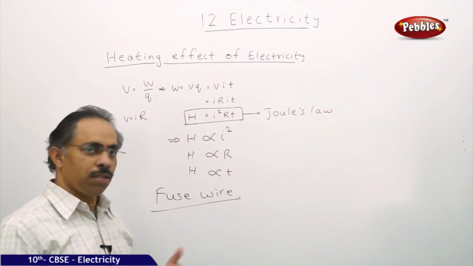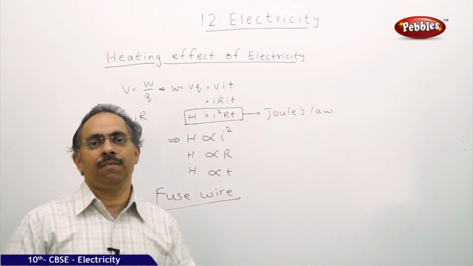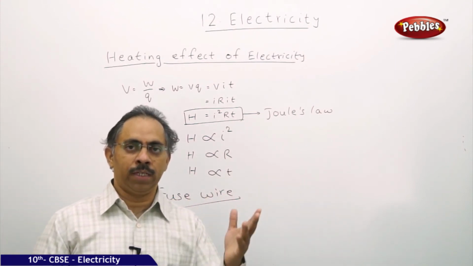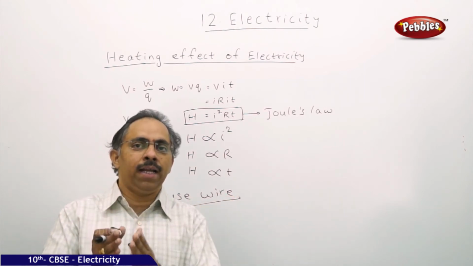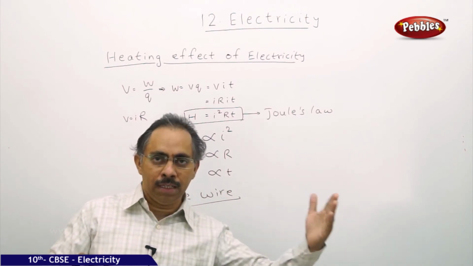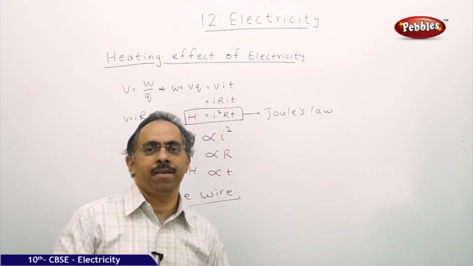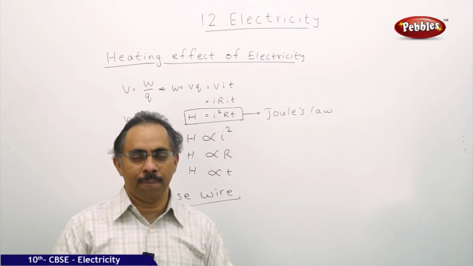That is what we call a fuse. Fusion is melting. The wire melts and the connection is cut off, thereby preventing a high current from passing through the fuse wire to the appliance. So the appliance is safeguarded.